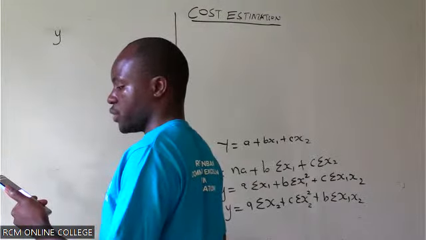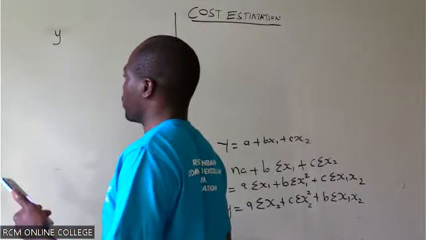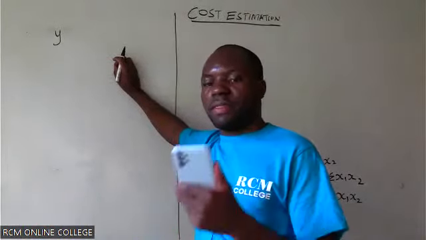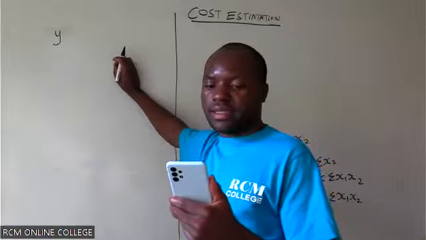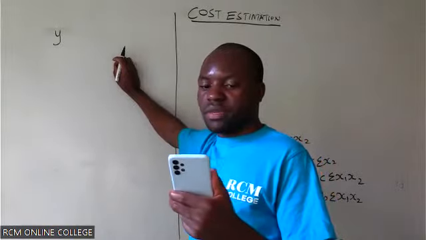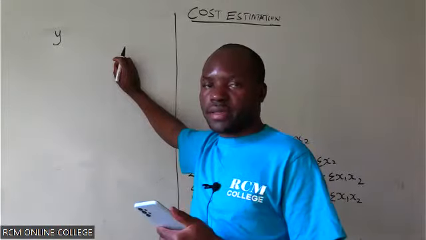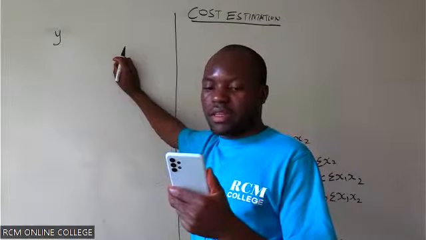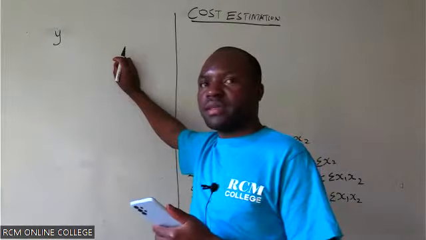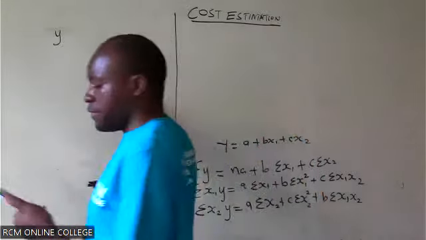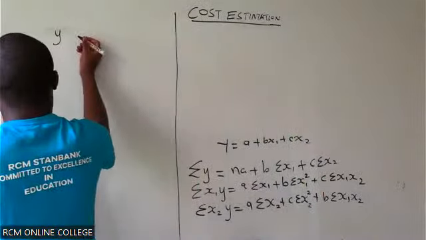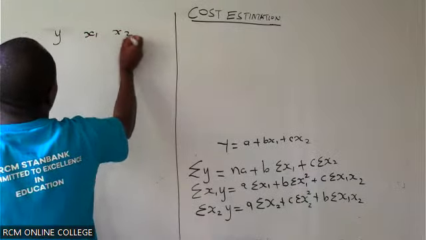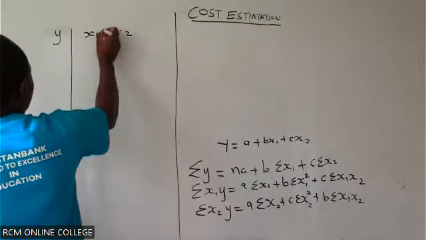Either of the other two can be X1 or X2, because there are two independent variables affecting the value of Y. We can decide to take distance covered to be X1, then the load to be X2, or we take the load in kg to be X1, then distance covered to be X2. Let's just follow that order. So we have Y, X1, X2.